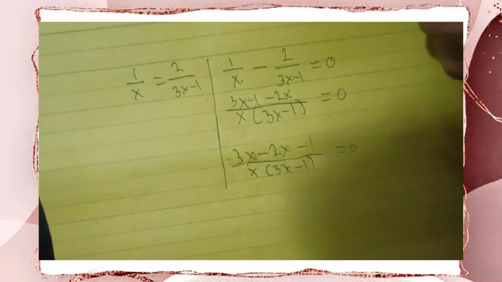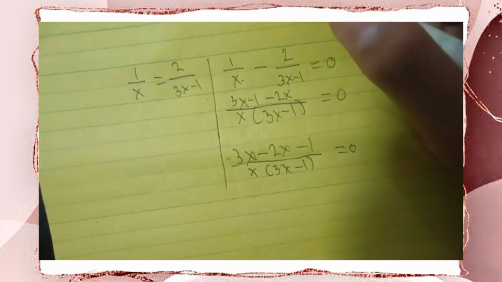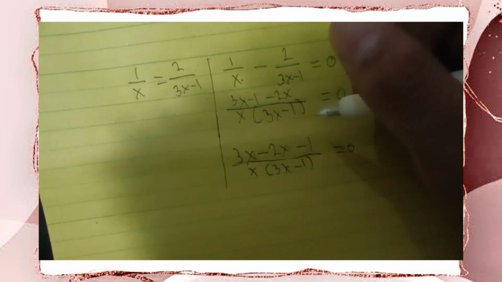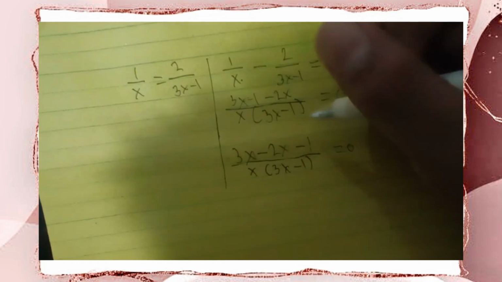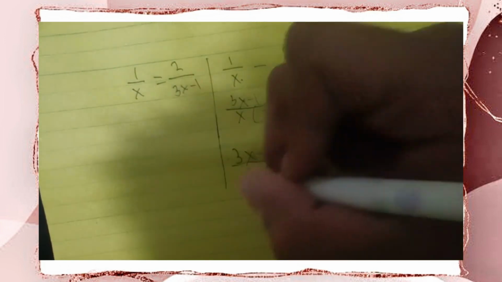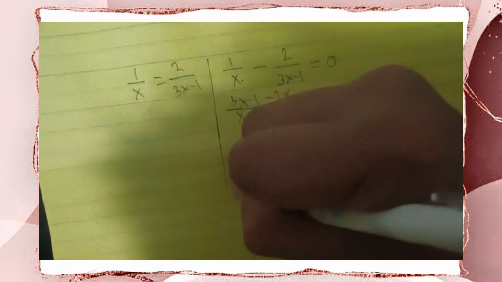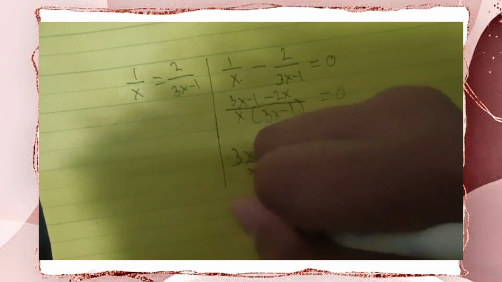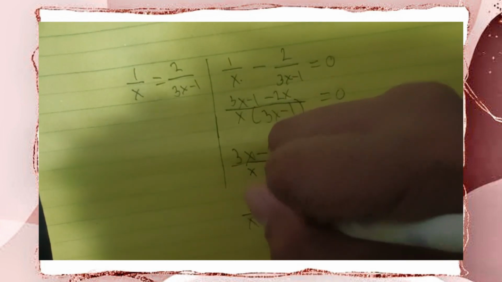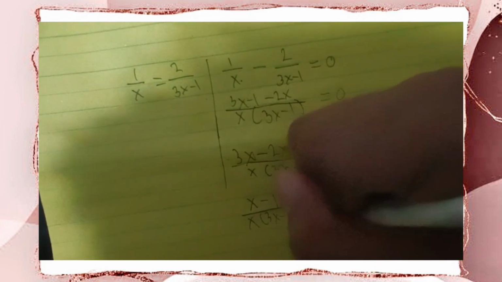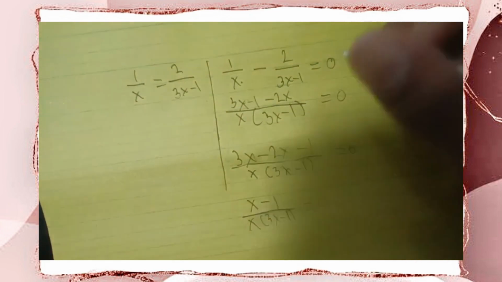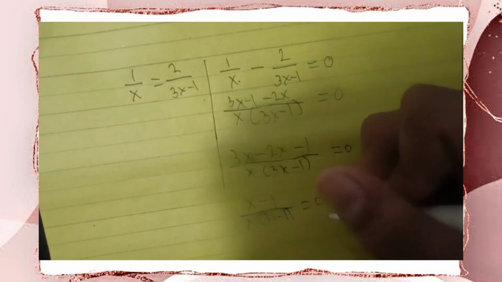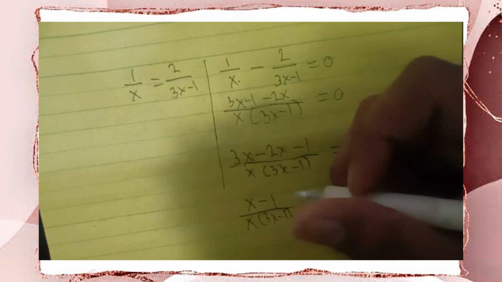Then let's simplify it. 3x minus 2x is equal to x. Then copy the negative 1. It will become x minus 1. Copy the denominator, x times 3x minus 1, is equal to 0. And x times 3x minus 1 is equal to 0 times 0 is equal to 0.